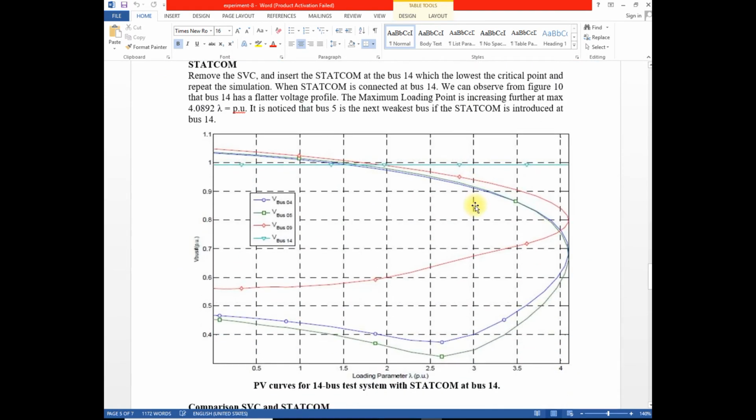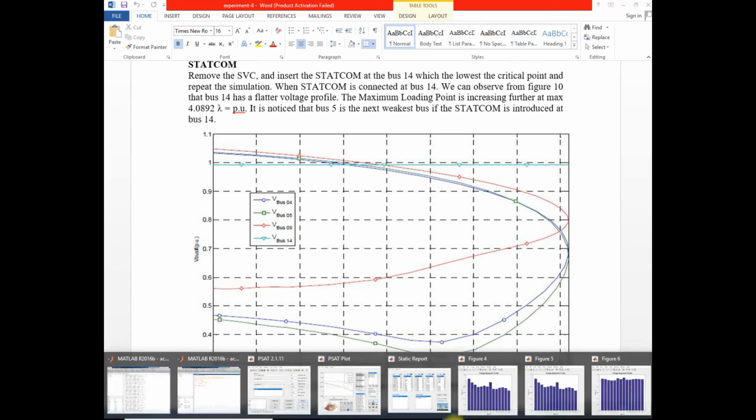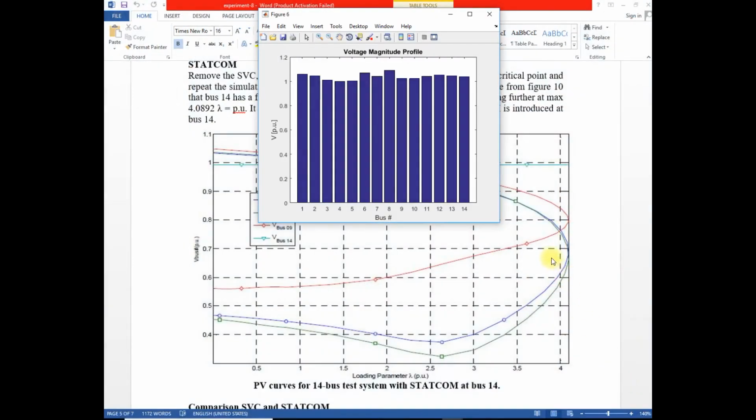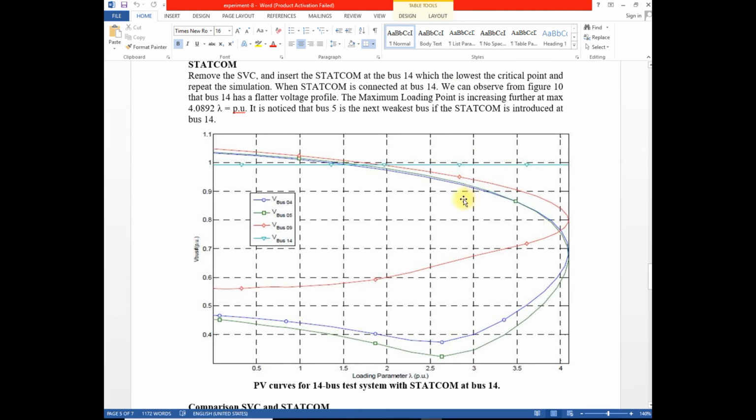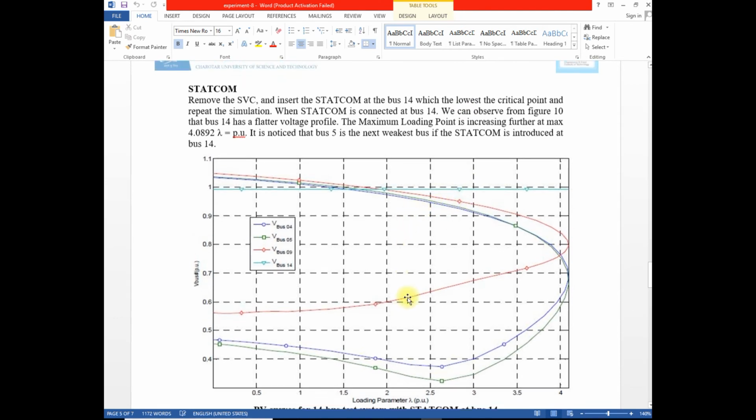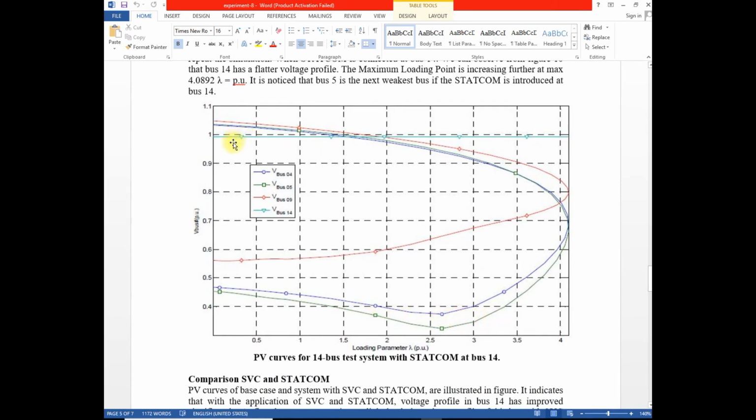In the same way, at the same bus number 14, we connect the STATCOM. You can see that it makes the voltage profile almost constant, as we have seen in this graph of voltage profile. So by using the SVC and STATCOM, we can increase the loading limit of the transmission line without affecting the voltage stability.